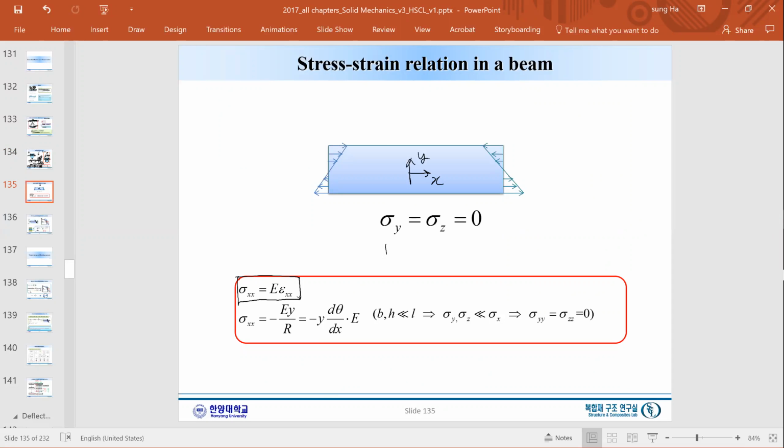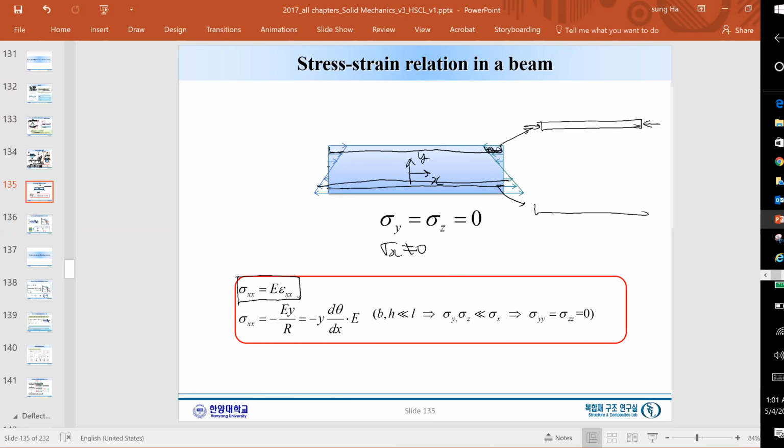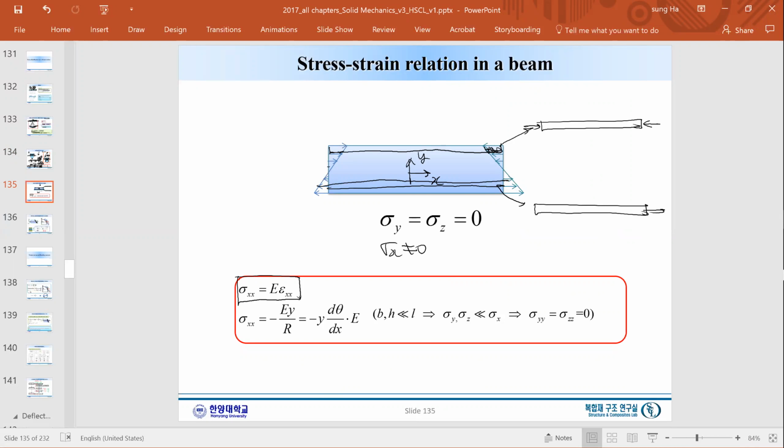Only sigma x is non-zero, and actually we can see any portion, this much and this much, and we can take any part here, and this part is subject to a sigma x.